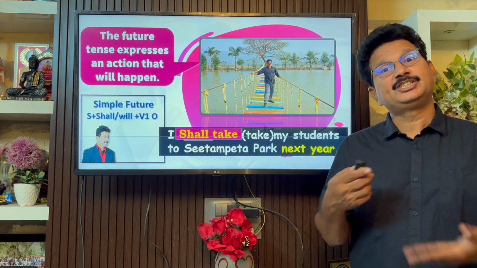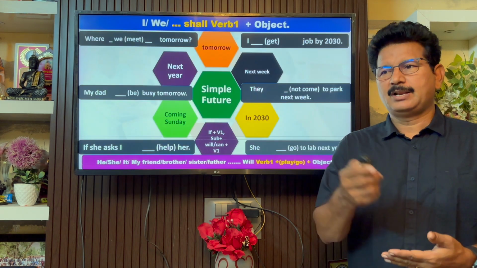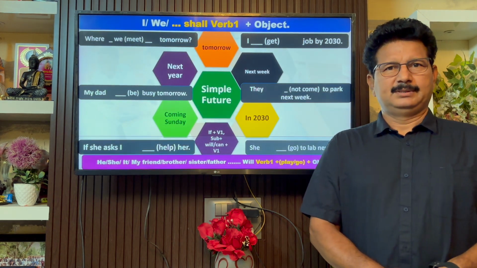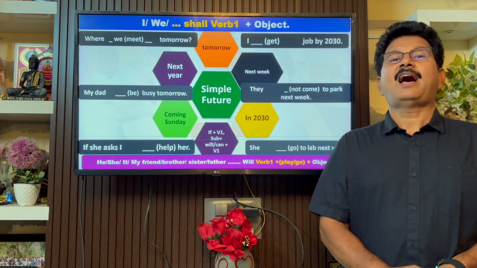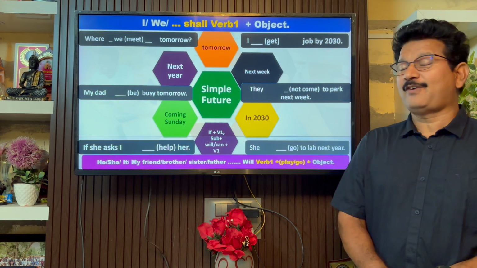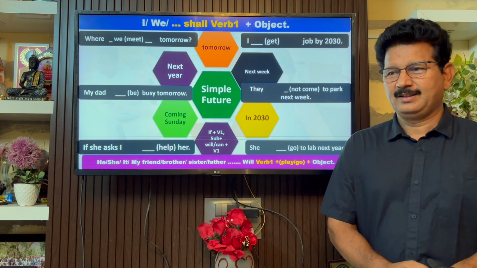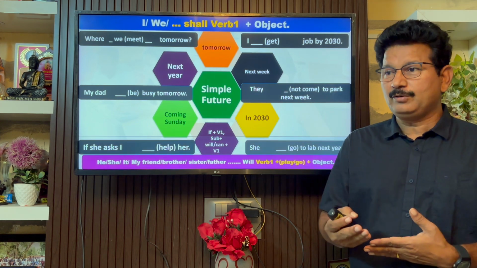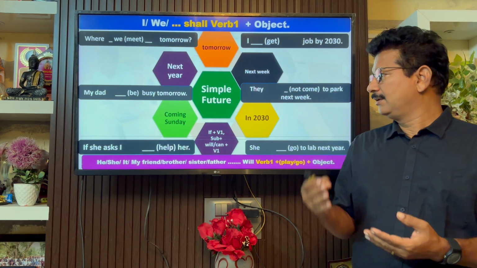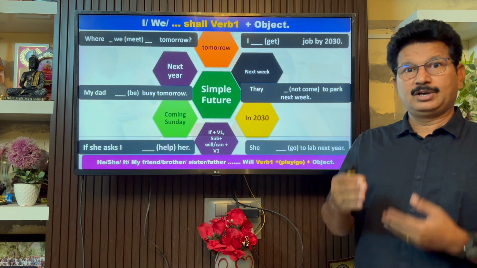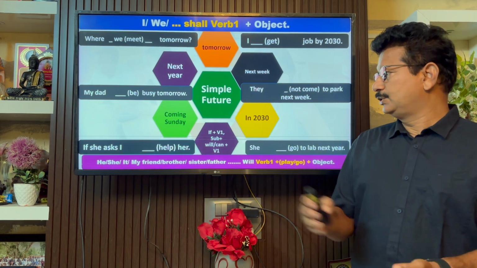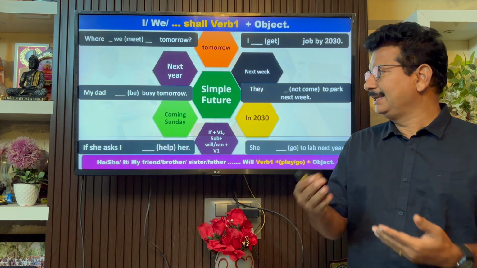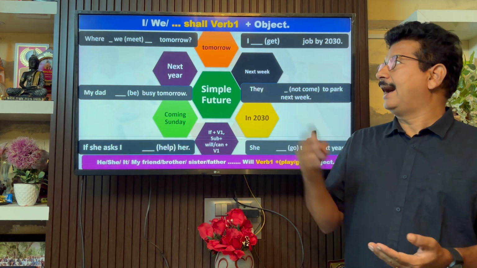So you can say, I shall take. Now let's look at some of the keywords that you can find to identify the simple future. The very first one is tomorrow, or next week, or in 2030, or in 2025. The next one is coming Sunday and next year.